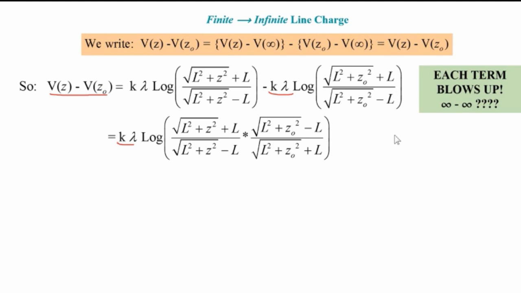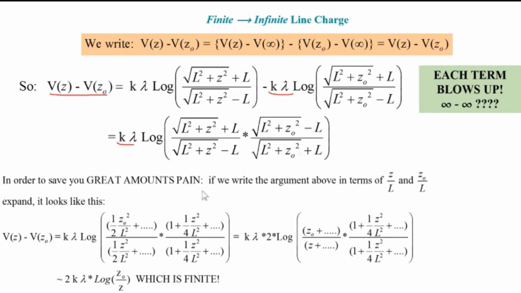We're not done yet. I'm going to save you a lot of pain, but if we rewrite this whole thing in terms of z over L and z0 over L, so we factor out those terms, this is what that difference looks like. It looks like k lambda times these logs here. So each of these terms represents what you see here.